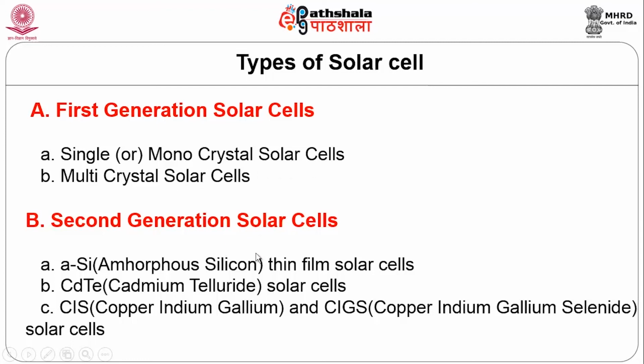In the second generation solar cells we have a-Si, that is amorphous silicon thin film solar cell, CdTe, that is cadmium telluride solar cell, and CIGS, copper indium gallium selenide solar cells. This is about first generation and second generation solar cells.